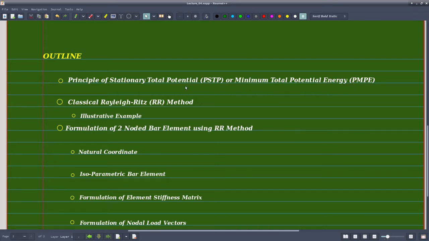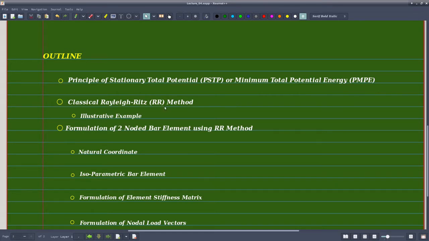So we'll define what is total potential energy and then we'll minimize it. And this classical Rayleigh-Ritz method, which is again another method of finding approximate solution of partial differential equation or differential equations, just like Galerkin's method.